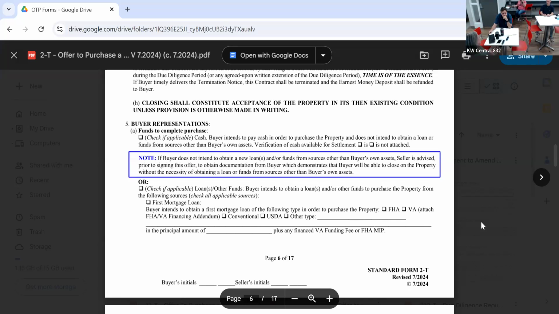Typically the one putting down 250, if the appraisal's off by like $5,000, we're not splitting hairs over it. Whereas the person that's only putting down 5% may not have the funds, so they're going to be loan heavy. So think about that when you're writing the offer.